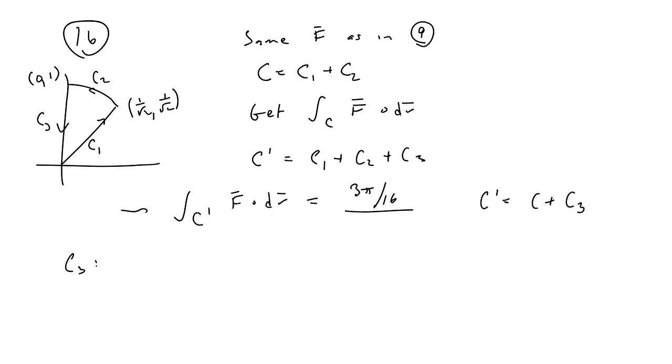So for C3, we're going to have to do the actual 4.2 method, which is we have the line from 0, 1 to 0, 0. And we want to parameterize. So obviously x is equal to 0.